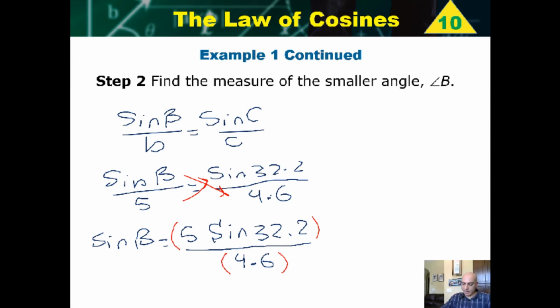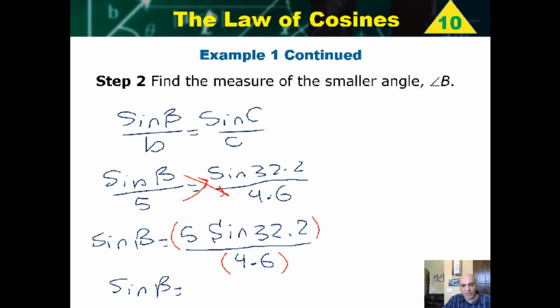Okay, that is divided by 4.6, which is going to give me point that, and I would do the inverse sine of that amount. And I am looking for this. So the amount that you're going to get here when I just did it in the calculator with you, this one is going to be sine B equals this amount here.